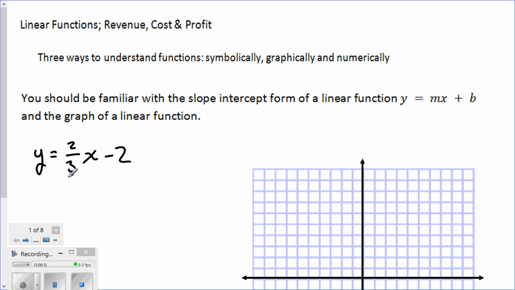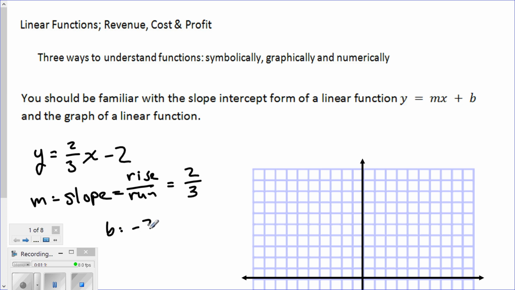The m value, 2/3, is the slope, which we often refer to as the rise over the run. And so this graph has a rise of 2 and a run of 3. The b value is -2, which tells us we have a y-intercept at the point 0, -2.